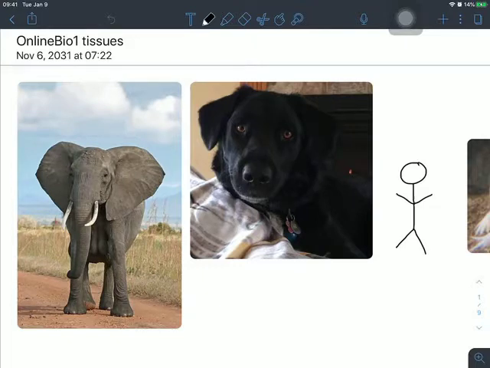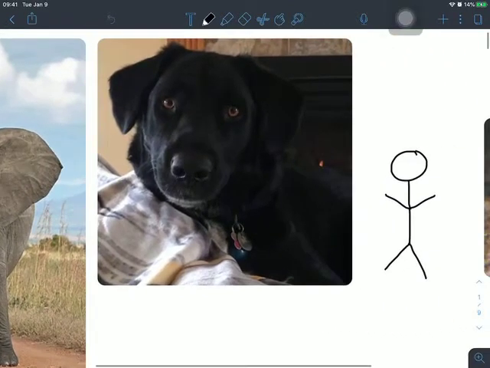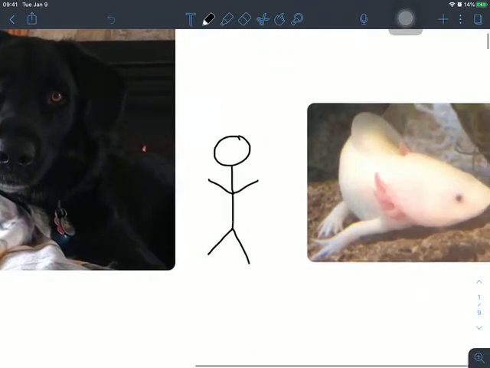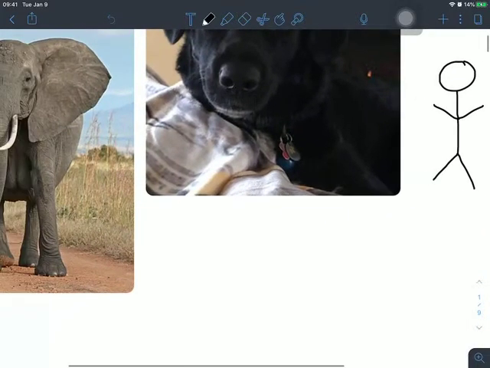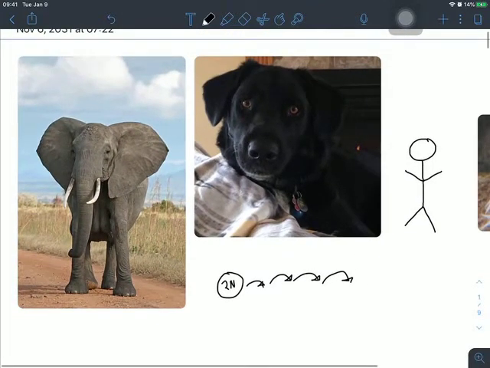And it's quite fascinating how all these different organisms, the absolutely giant and glorious elephant, the cute, cuddly, lovable, obedient dog, the ever handsome human, and the quite complicated and regenerating axolotl all begin from a single cell, that diploid zygote, that will then go through one round of mitosis, and again, and again, and again, up until they reach their respective sizes.